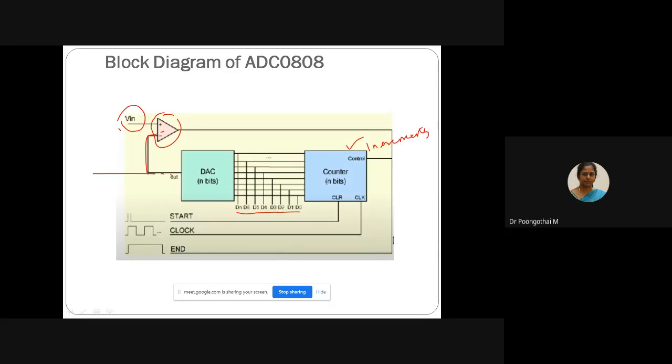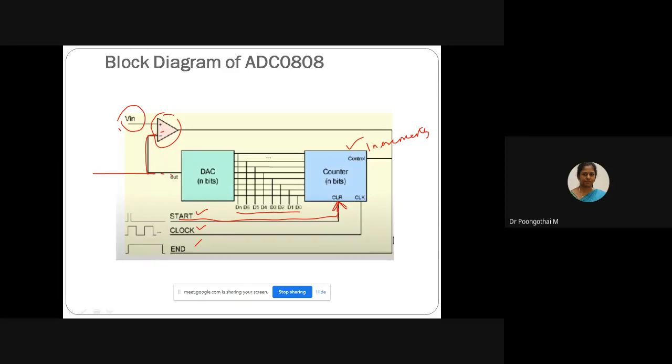Let's see the control signals involved in the ADC process. There are three signals: clock, start, and end of conversion. Suppose I want to start a conversion. At that time the start of conversion pulse is provided to the counter.